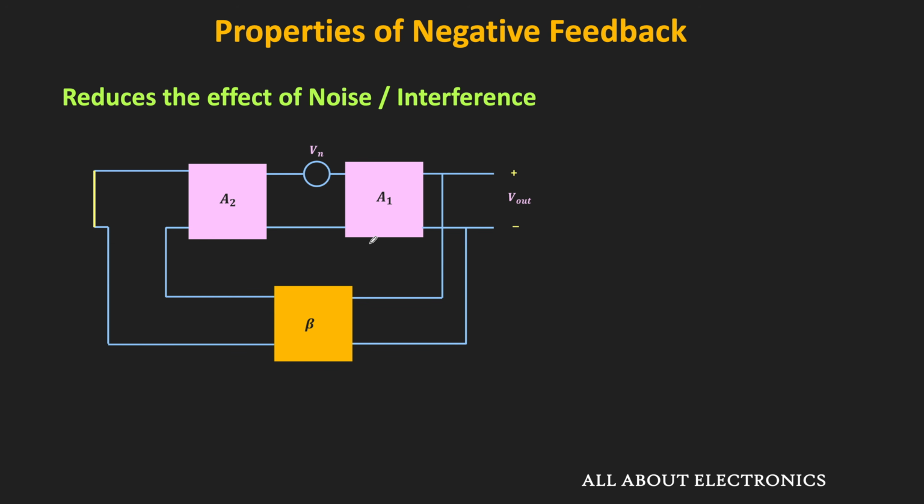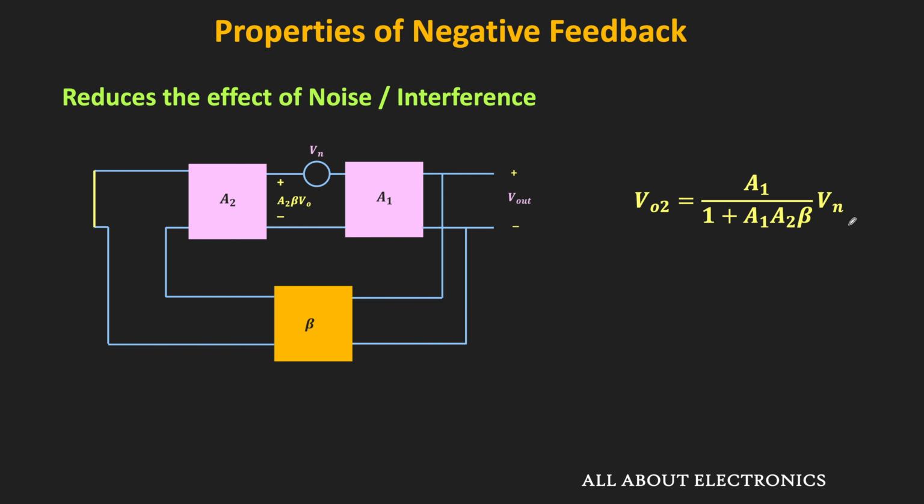And after this amplifier A2, the output voltage that is equal to A2 times beta times Vout will be subtracted from the noise signal. So we can say that over here, this feedback factor is equal to A2 times beta, while the forward gain is equal to A1. And in this condition, if we see the output voltage VO2, then that is equal to A1 divided by 1 plus A1 times A2 times beta, times Vn.